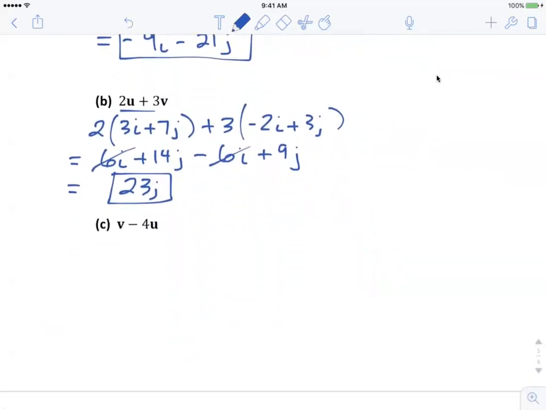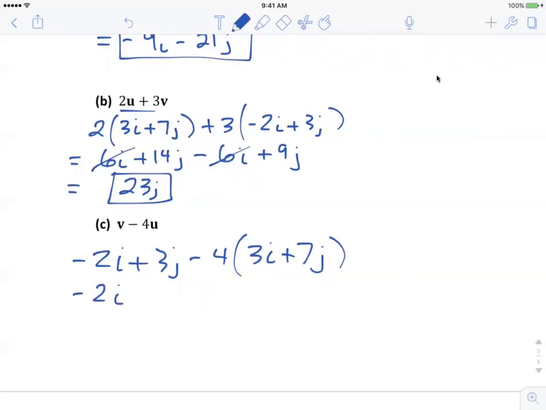Okay. Let's try one more. I think you get the point here. The v is -2i plus 3j minus 4 times, and then the u, what was the u again? 3i plus 7j. Okay. To distribute that 4, that's going to be a minus 12i minus 28j, and then combine like terms.